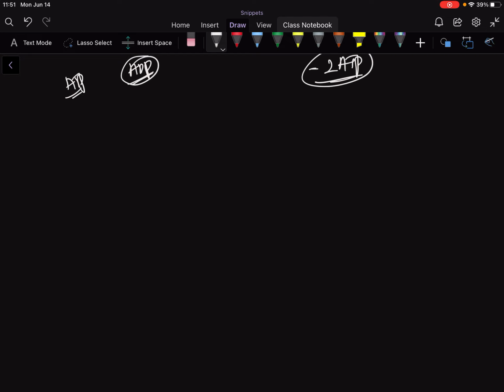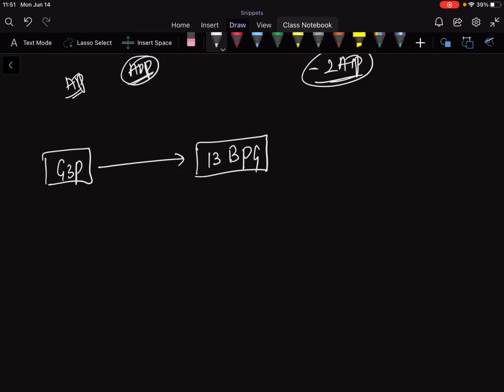So you know that glyceraldehyde 3-phosphate, by the enzyme glyceraldehyde 3-phosphate dehydrogenase, is converted into 1,3-BPG, right? And during this, NAD plus is converted into NADH plus H plus. So NADH, how many ATP does it give when it goes to the electron transport chain?